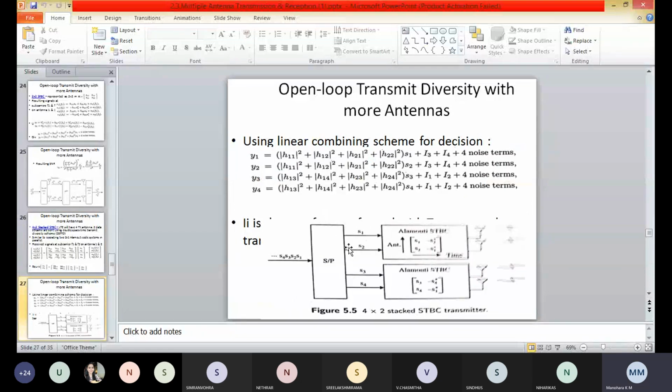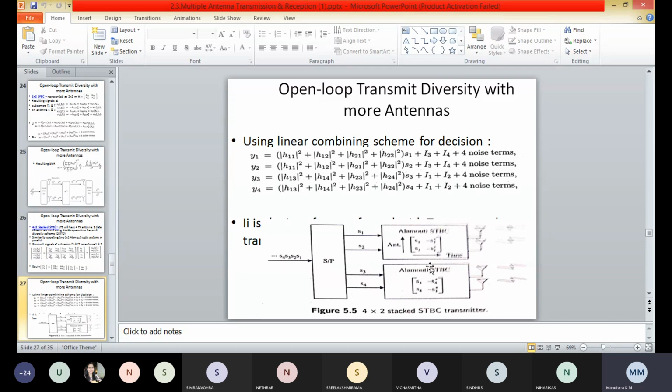Here in this figure we are using 2x2 Alamouti code systems in parallel, which combine the transmit diversity and the maximal ratio combining along with a form of spatial multiplexing.